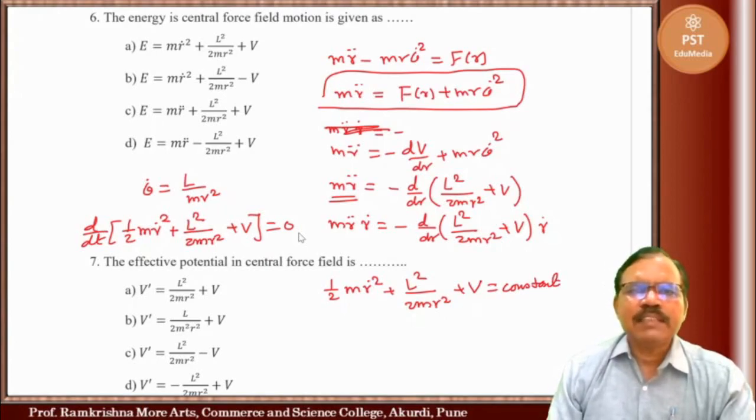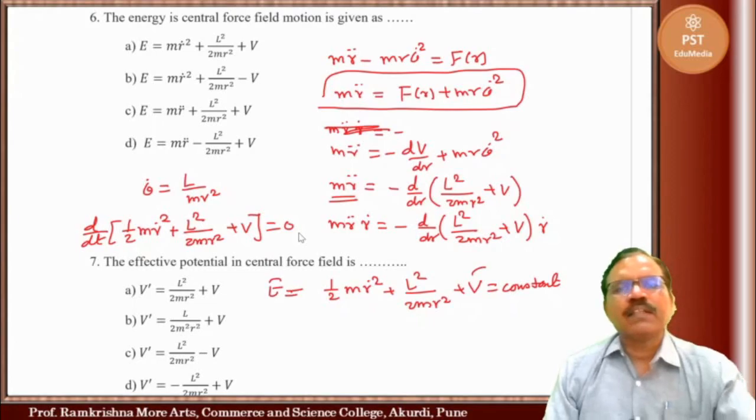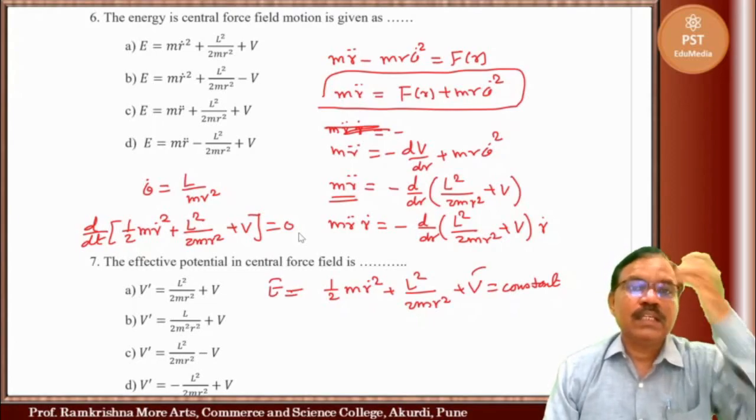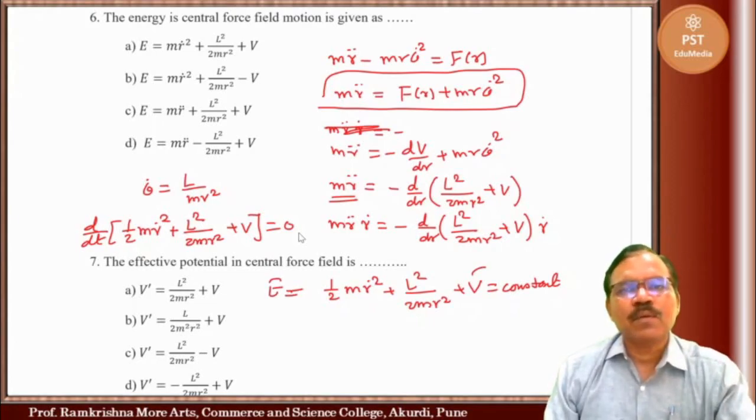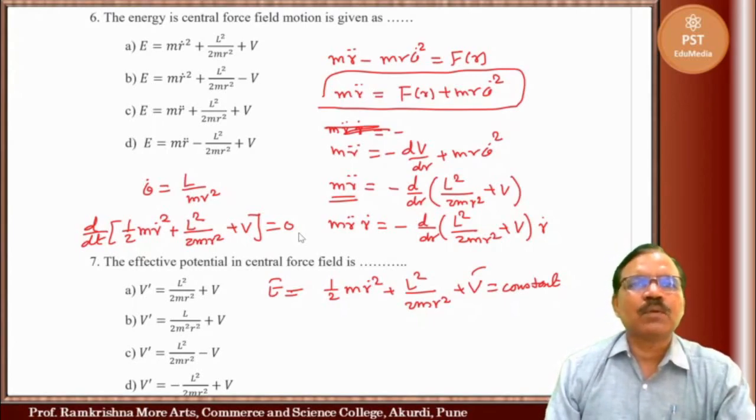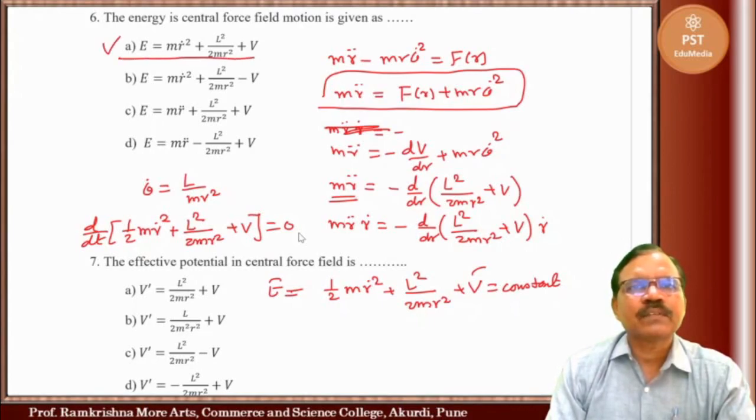And see, dimensionally this is 1/2 mass into velocity square, this is potential energy, so this is energy E. So E is 1/2 m r dot square plus L square upon 2m r square plus potential energy. So out of this, the first one is correct and the others are different ones, so they are not correct.